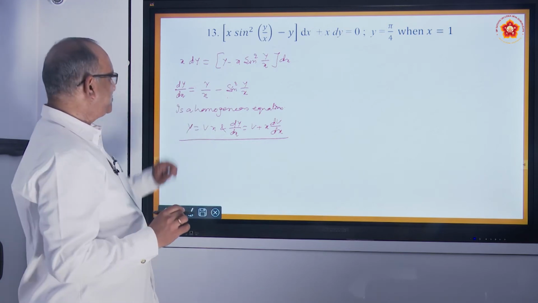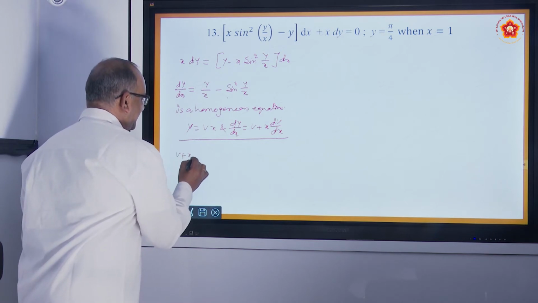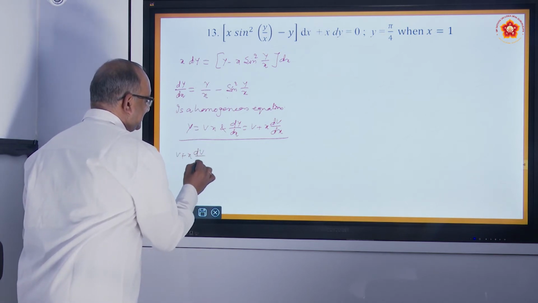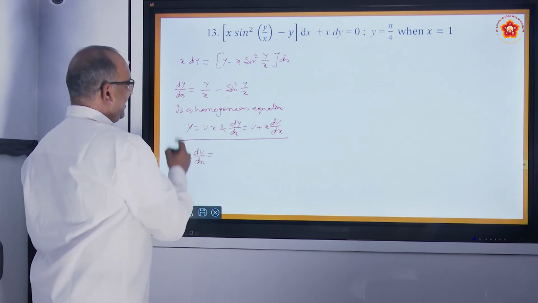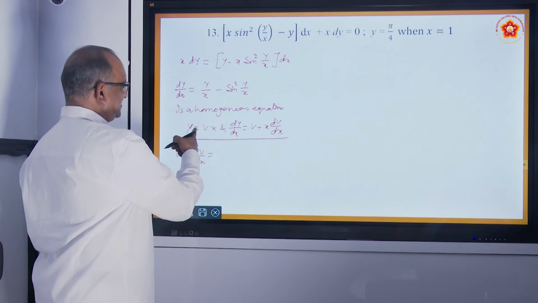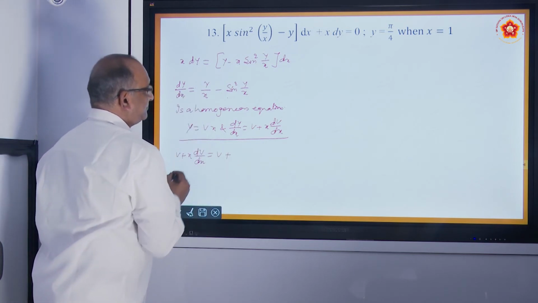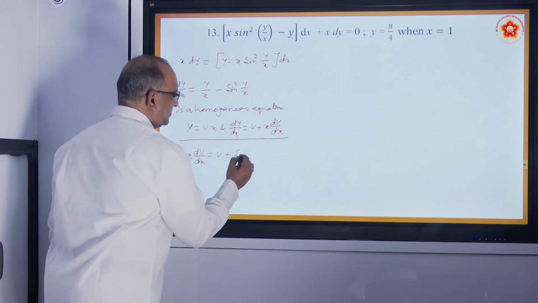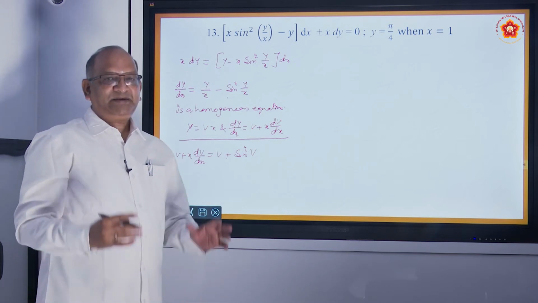So, make this substitution in the equation, it will become V plus x dV by dx equal to y by x. y is how much? Vx. So, Vx by x it will become V minus sin square V. What is our objective?